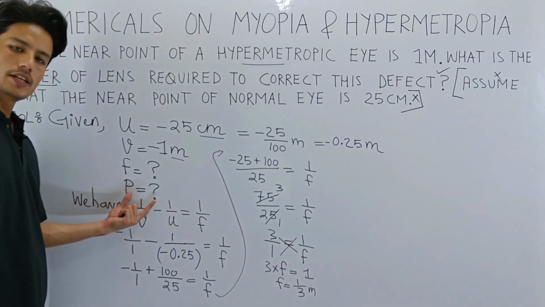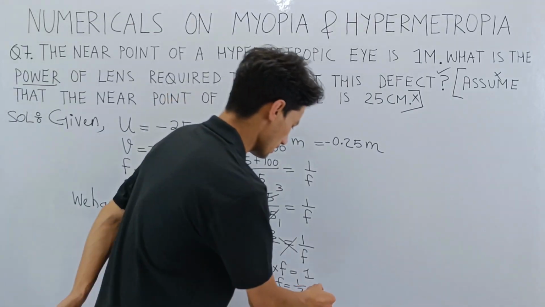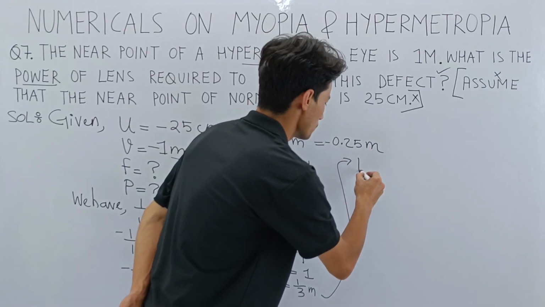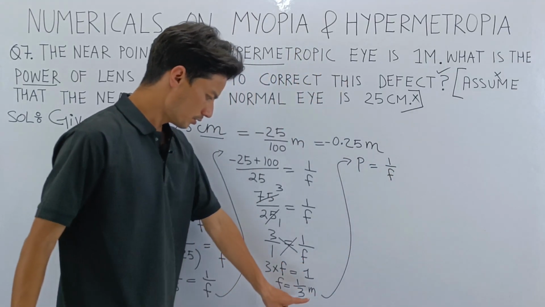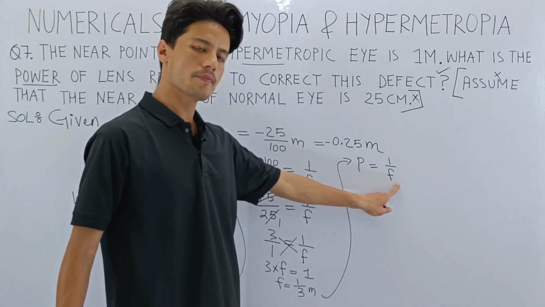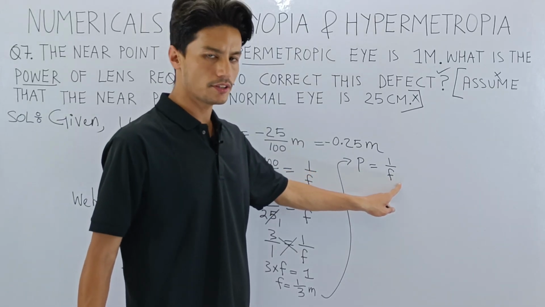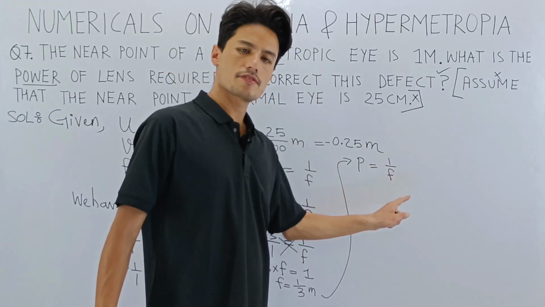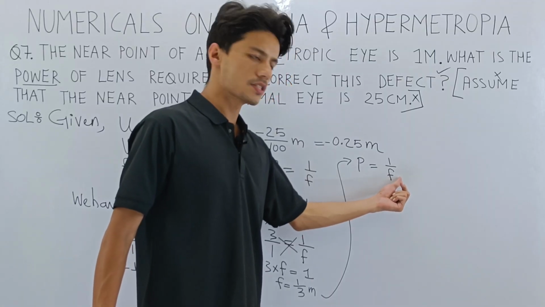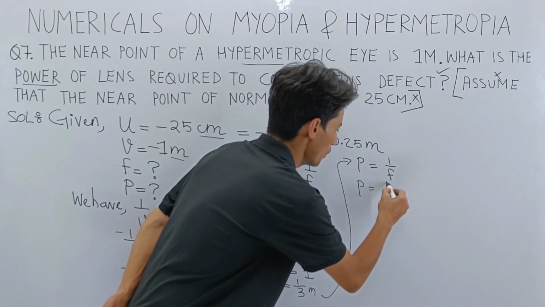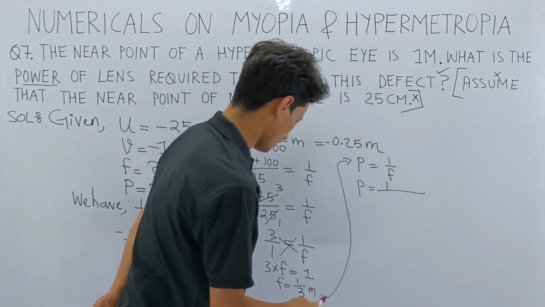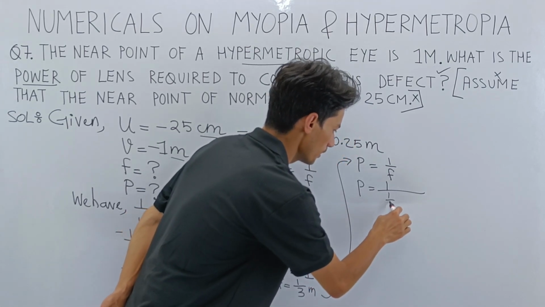We need power only. So let's proceed to power. Power we know is 1 by f. Now this is in meters, so I'll be using this formula. If it was in centimeters, I'd be using 100 by f, but this is in meters, so this is the correct formula. Power is equal to 1 by f, and f is 1 by 3.